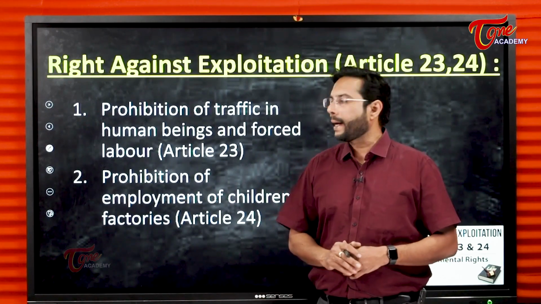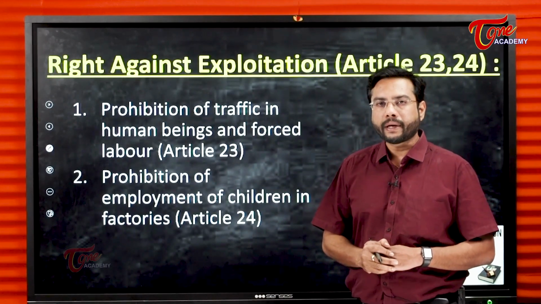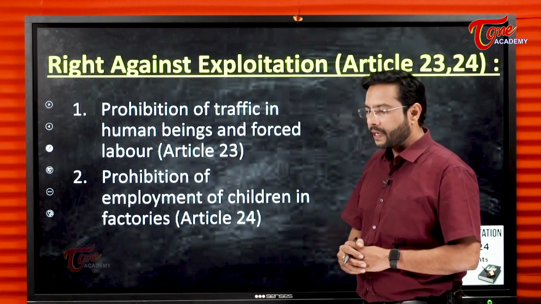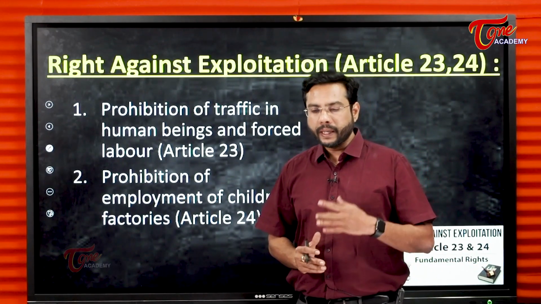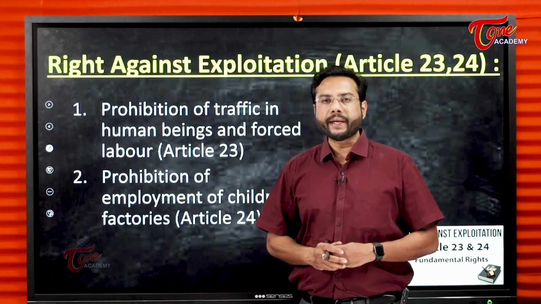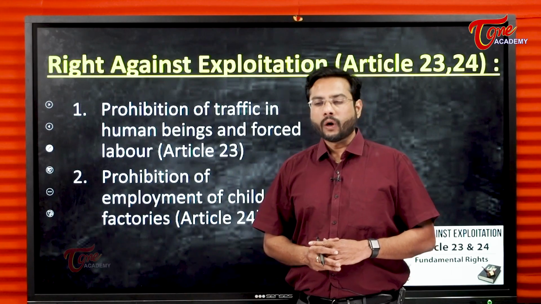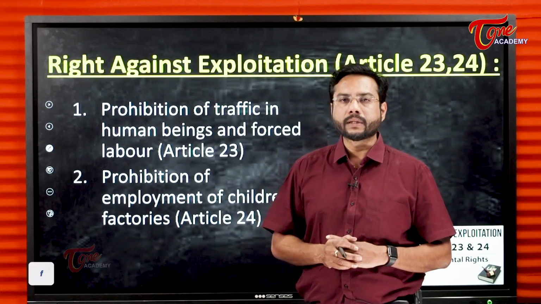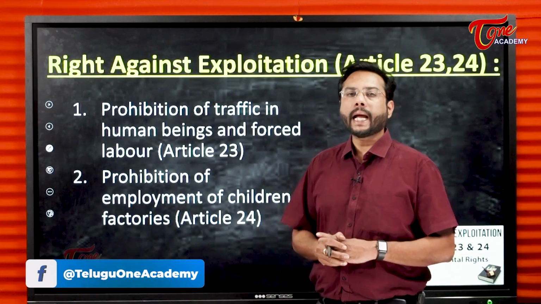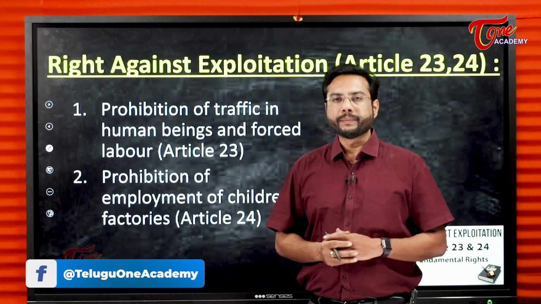So we thought of adding right against exploitation in our fundamental rights, because we have seen many people exploited in various ways. They may be plantation workers or beedi and cigar workers or farmers, peasants, you take any common man, they have been exploited in a very cruel way.